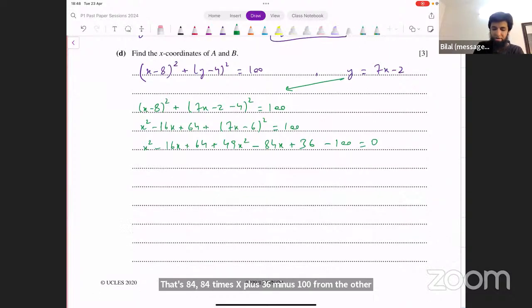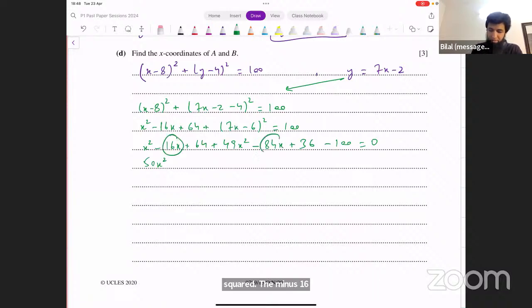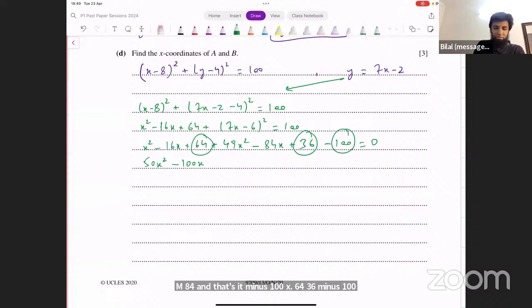We get this quadratic equation: 50x squared, minus 16 minus 84, that's minus 100x, plus 64 plus 36 minus 100, equals 0. So the constant terms cancel out, and this is all that we're left with.